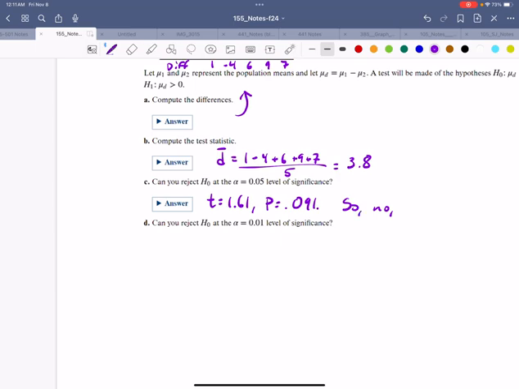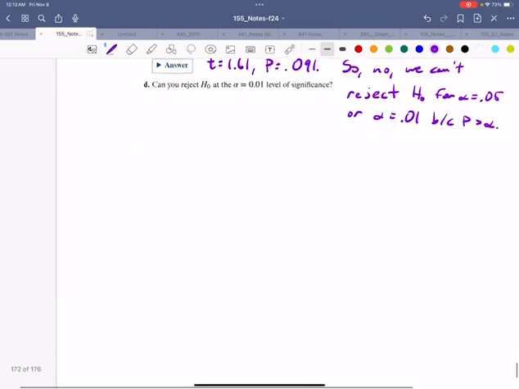We can't reject H naught for alpha equals 0.05 or alpha equals 0.01 because P is greater than alpha in both cases. All right, that's it.